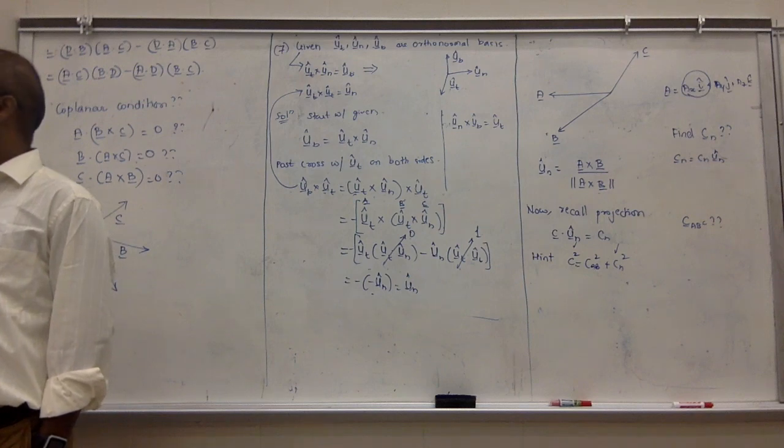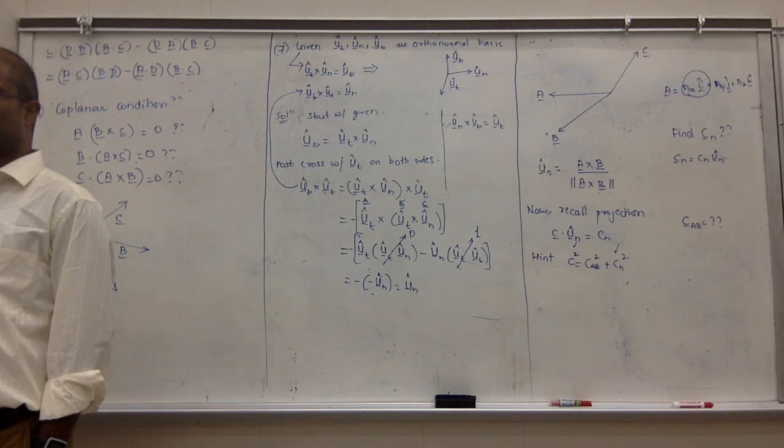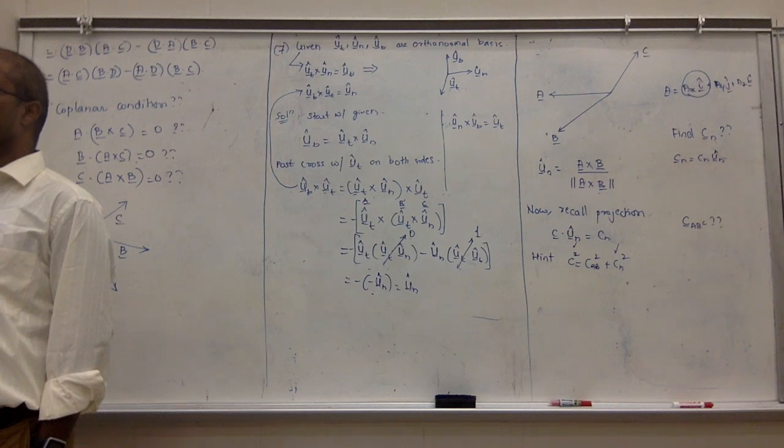So if you take this and this, it has to be perpendicular to both A and this. You understand? U is of course perpendicular to CAB, but A is not perpendicular to CAB.